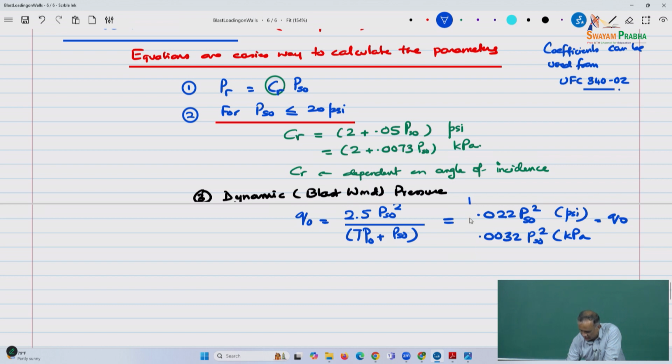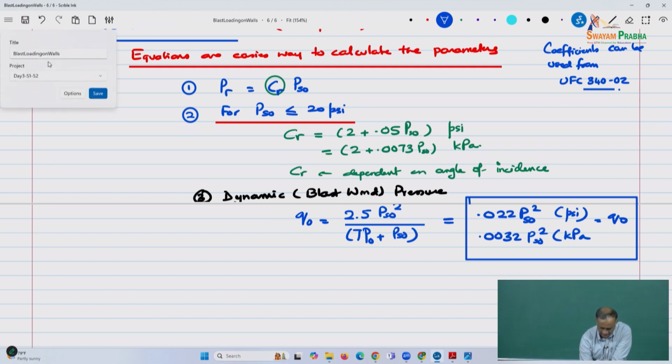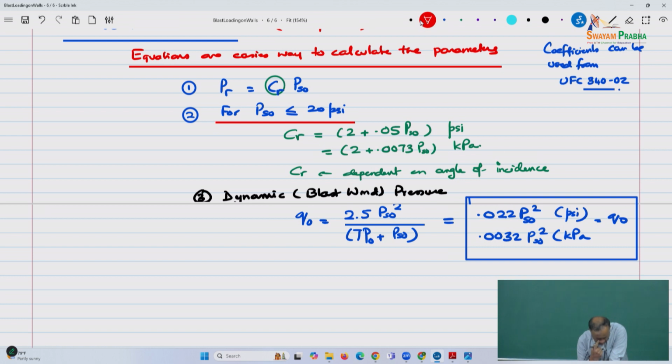So for Q naught, I'd use these expressions. Then the next quantity, P naught, is the ambient air pressure.